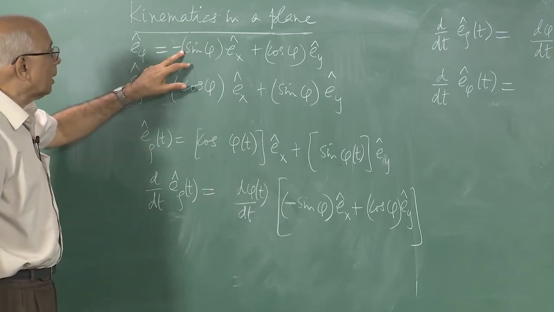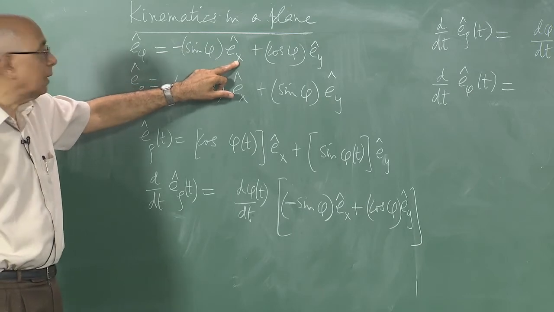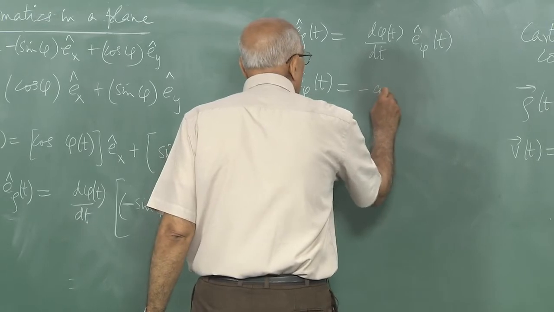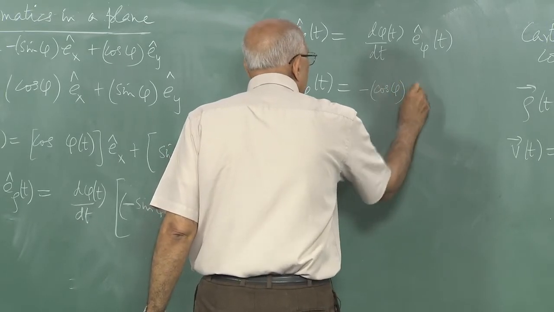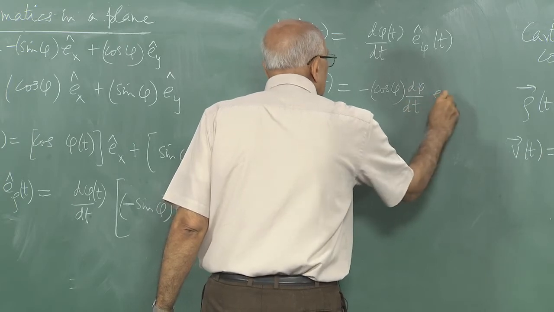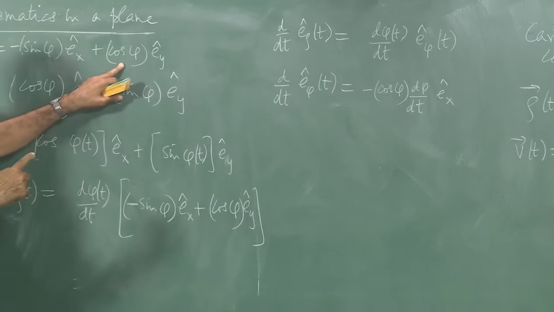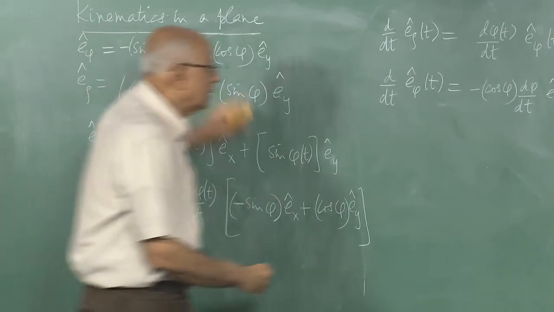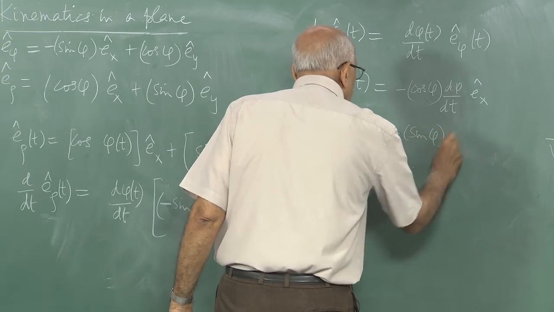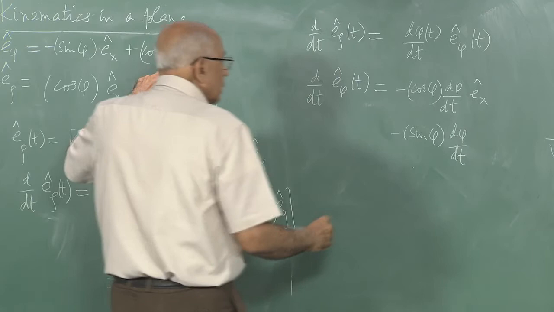So this is going to become minus cos phi d phi over dt times Ex, and then for this term, the derivative of cos phi is minus sine phi, so there is a minus sine phi and a d phi over dt times Ey.